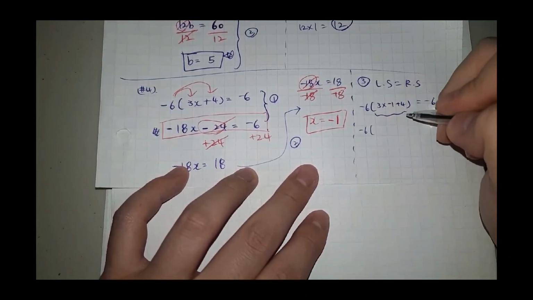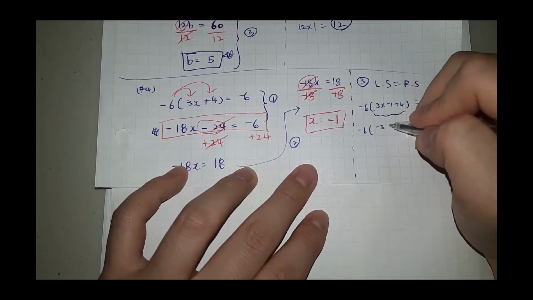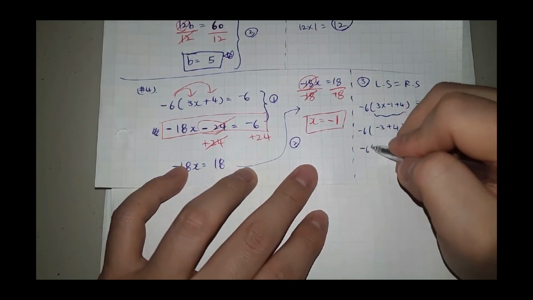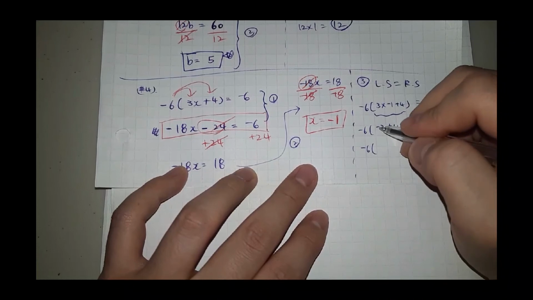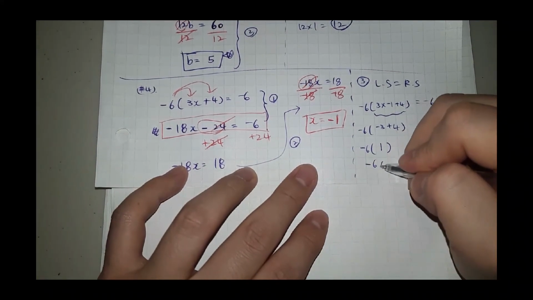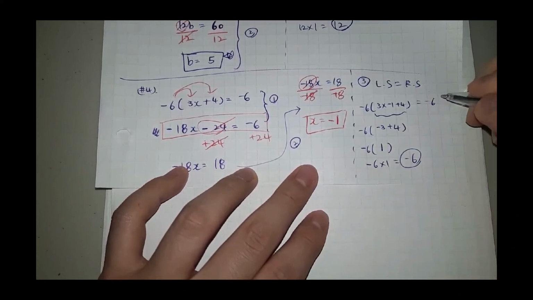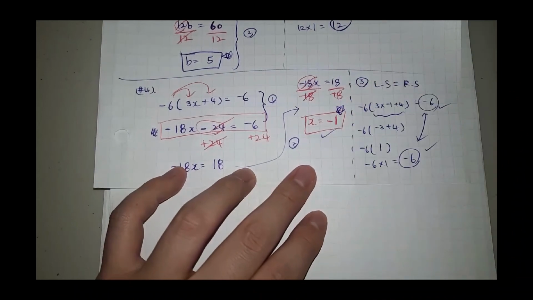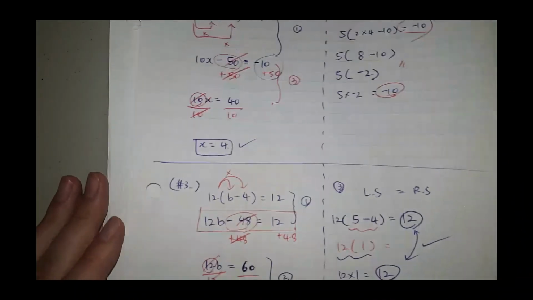Inside, 3 times negative 1 means negative 3 plus 4. Do the bracket first. 4 minus 3 is equal to 1. And negative 6 times 1 is equal to negative 6. Both of them agree. That means x equals negative 1 is my final answer.